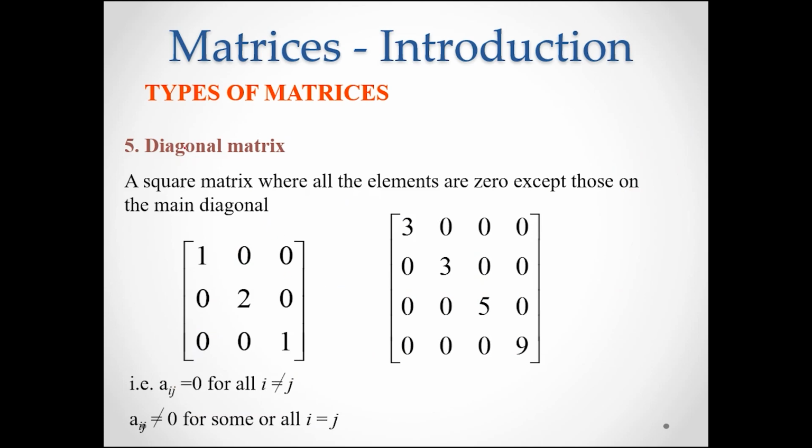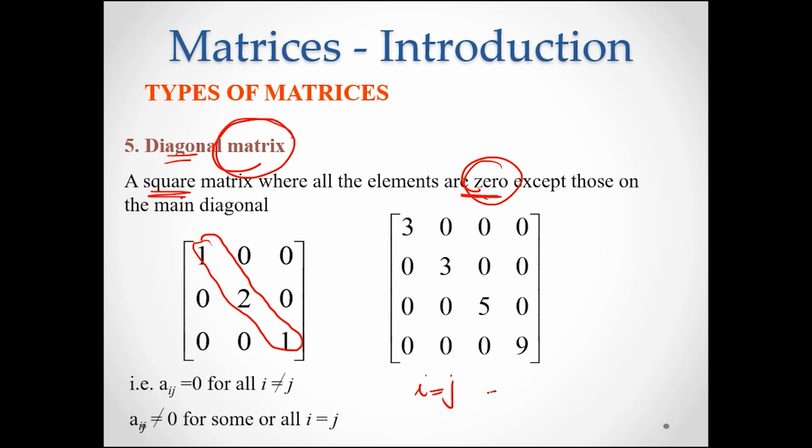Now, what exactly is a diagonal matrix? The one we have learned earlier is a principal diagonal. That means only the entries where i equal to j is there. But when I talk about the matrix as a whole, first of all, it is a kind of a square matrix. Second, it has all the entries as zero except on the main diagonal. So that means if I have i equal to j, some number will be there.